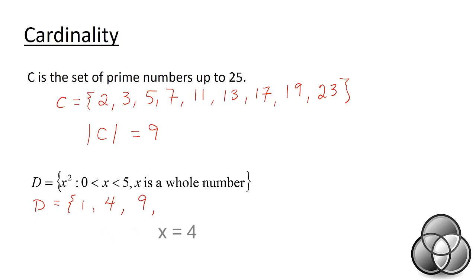And then 4 is our last whole number in between 0 and 5, and 4 squared is 16. So here is our list of elements that are inside of set D. So we know that the cardinality of set D must be 4.